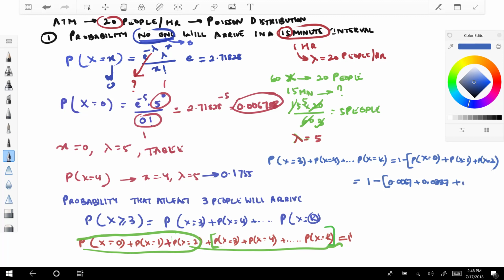If we calculate it, we get 1 minus 0.1246, which is equal to 0.8754.